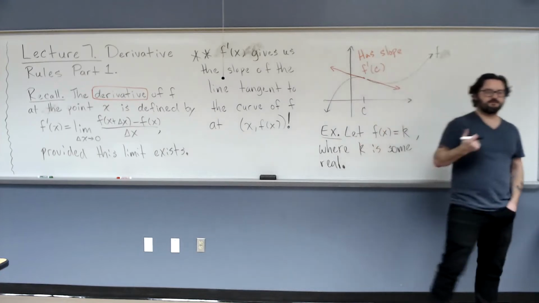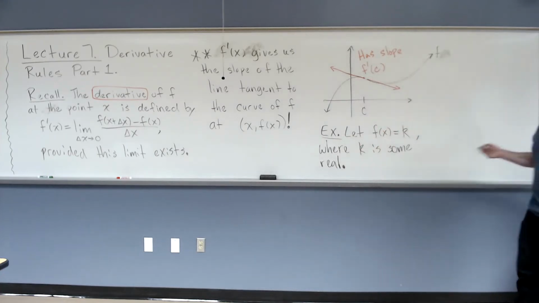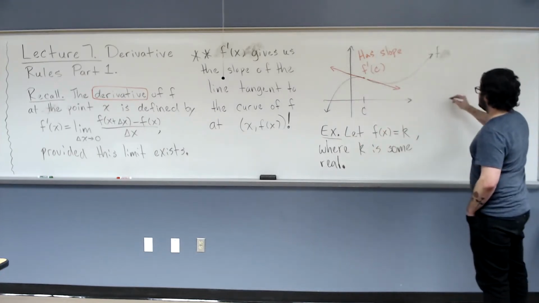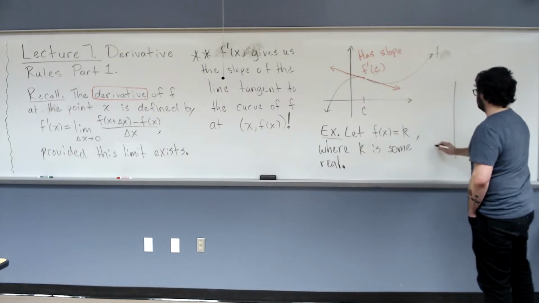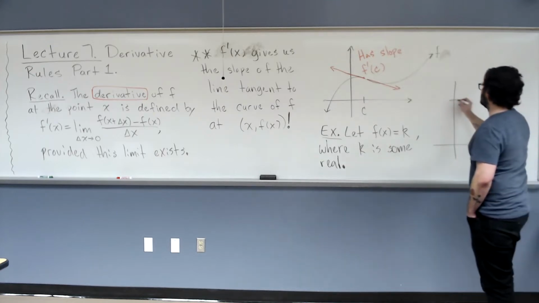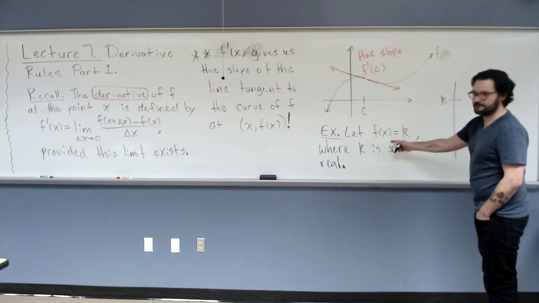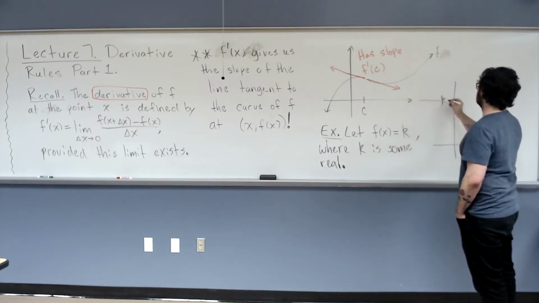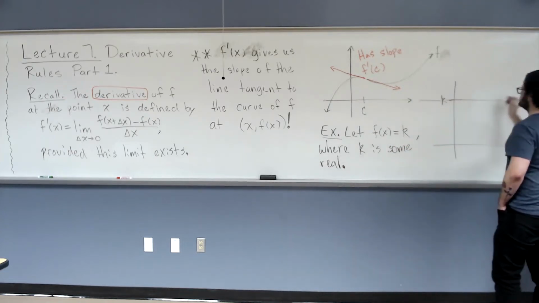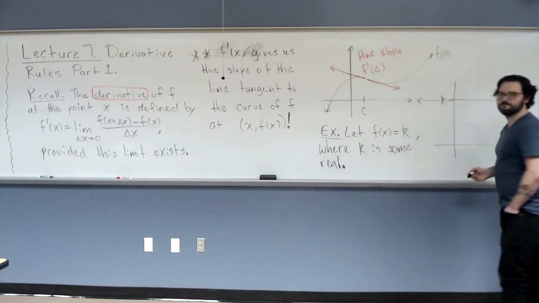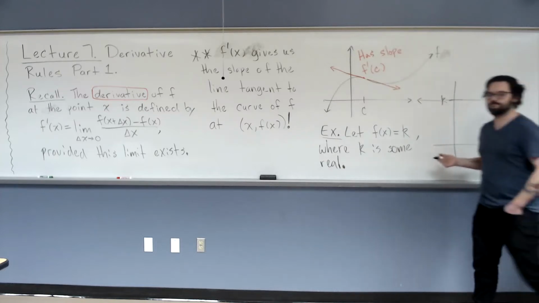So it's just a constant function, right? So the graph of this function looks like what? So maybe like here's k, right? Then the graph of that thing looks like this. Right? This is the graph of a constant function.